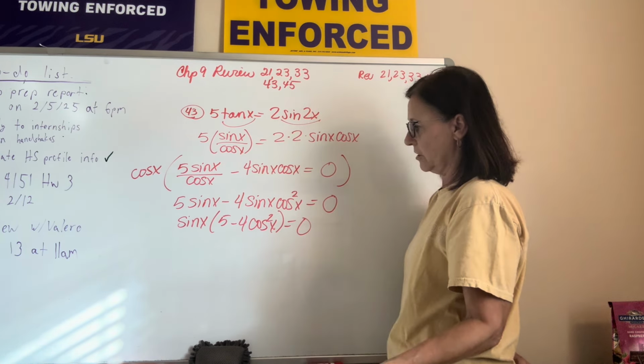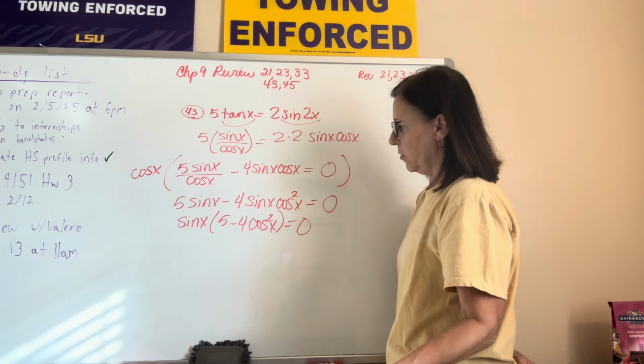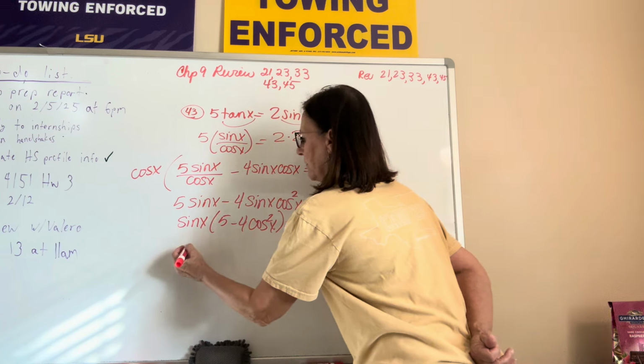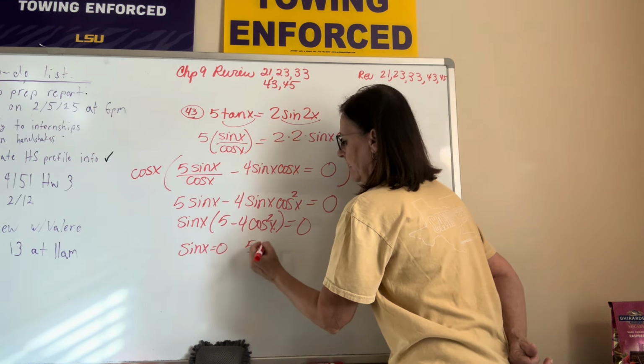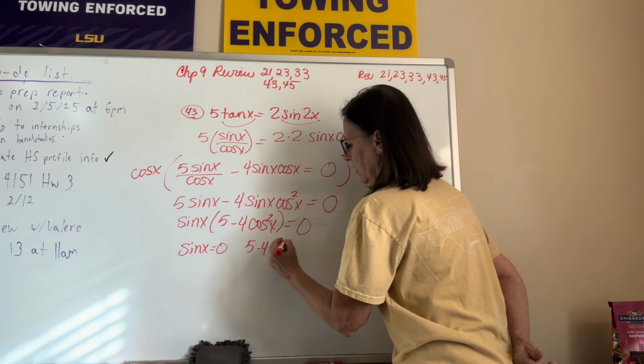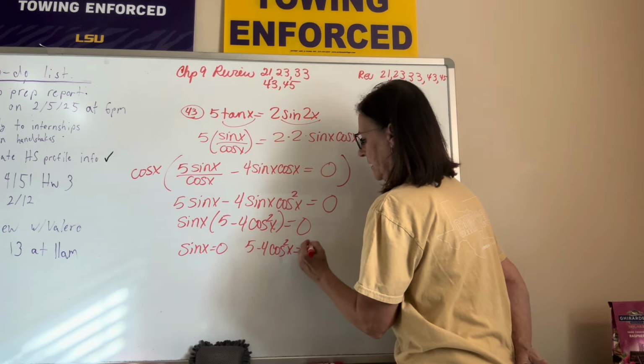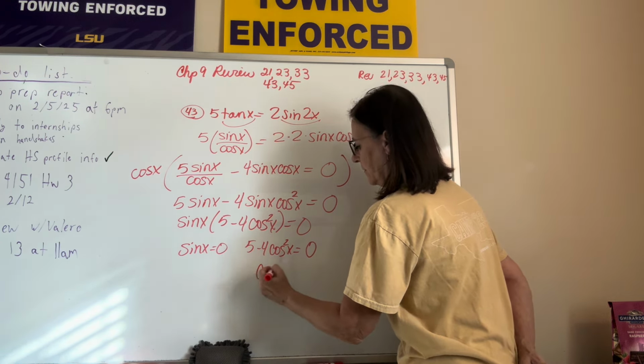I can set each term equal to 0. Sine x is 0. 5 minus 4 cosine squared x equals 0. What is this going to be?